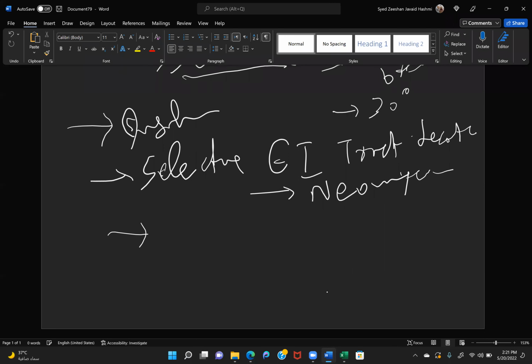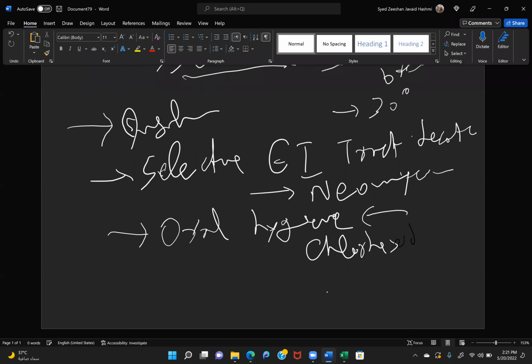Then oral hygiene. Okay, oral hygiene through chlorhexidine. Okay, anything I'm missing? Any other common medication which ICU patients are taking?